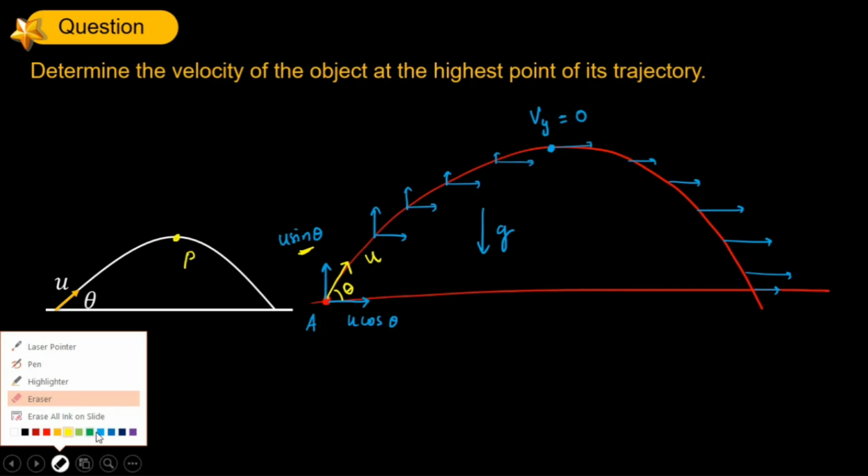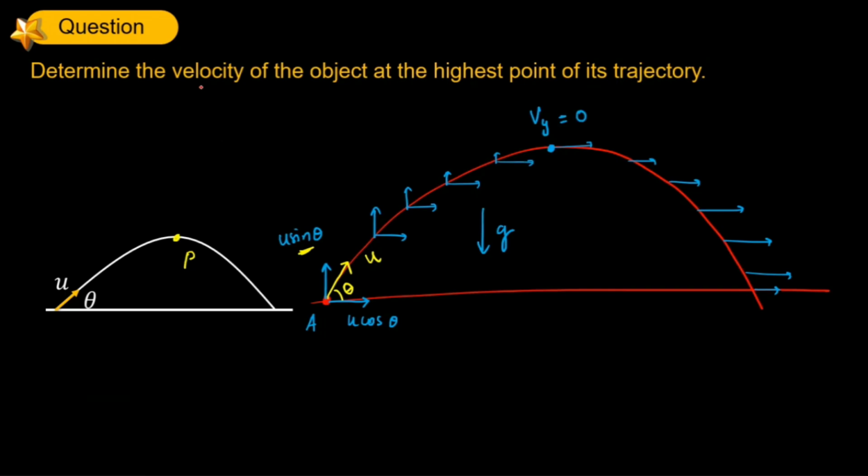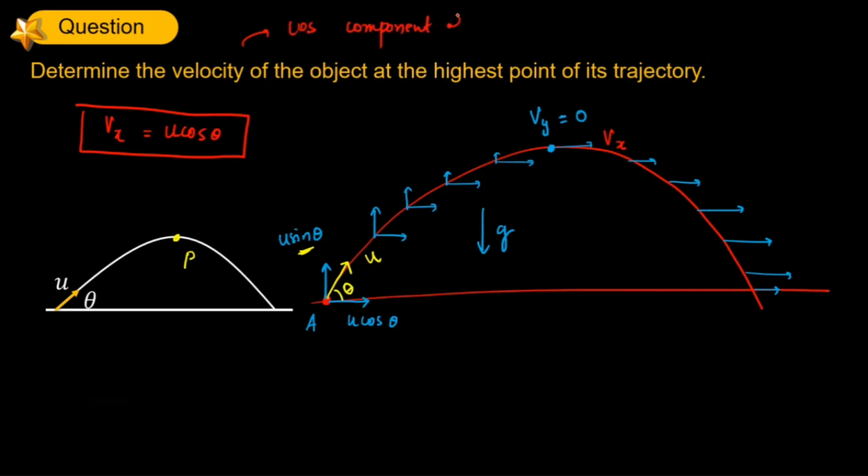So here, the answer to this question is that the velocity of the object at the highest point of its trajectory is only the x component of velocity, and that x component is nothing but u cos theta, or the cos component of initial velocity. So we'll simply say that the answer to this problem is going to be the cos component of initial velocity.